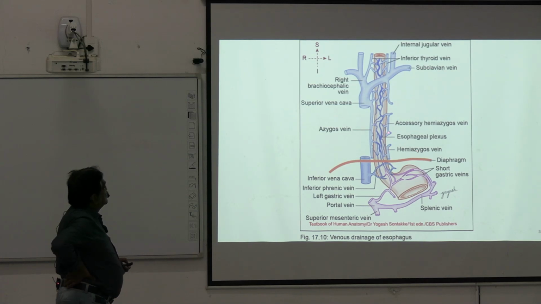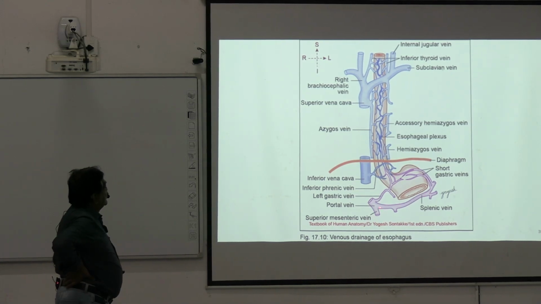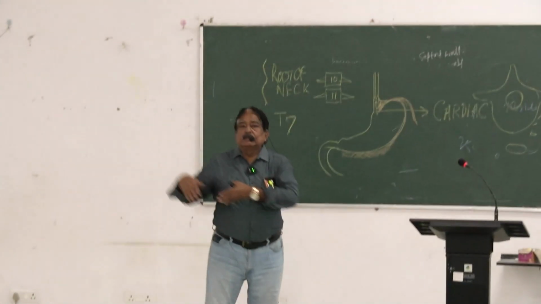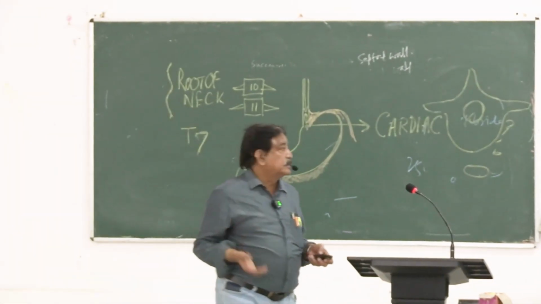This is the hemiazygos vein, accessory azygos vein, and here the inferior vena cava, and you see short gastric veins in this portion, and the left gastric vein, the splenic vein is here, and the superior mesenteric vein. So as you proceed from the thorax to the abdomen, you will see this is the continuation of the vascular system.